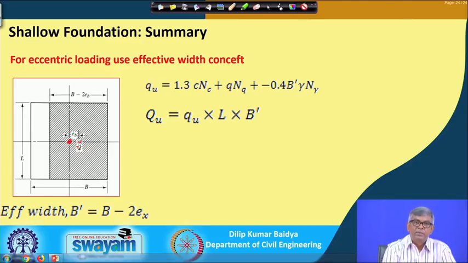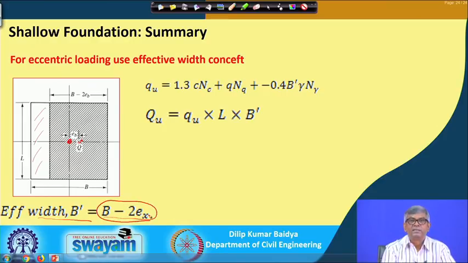To make the pressure uniform, you have to make the load point the center of the footing, and then some portion of the footing becomes ineffective. So, you have to find the effective width of the footing. B dash will be B minus 2 times the eccentricity.